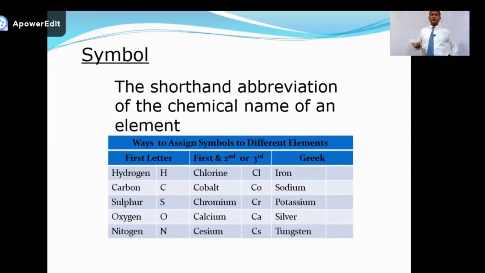Chlorine Cl, cobalt Co, chromium Cr, calcium Ca, cesium Cs. Okay? First way, choose the first letter. Second way of assigning symbols, choose the first letter plus the second or third letter. Clear? Third way. Okay.